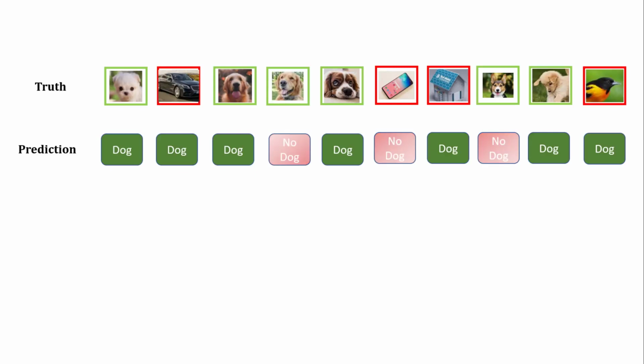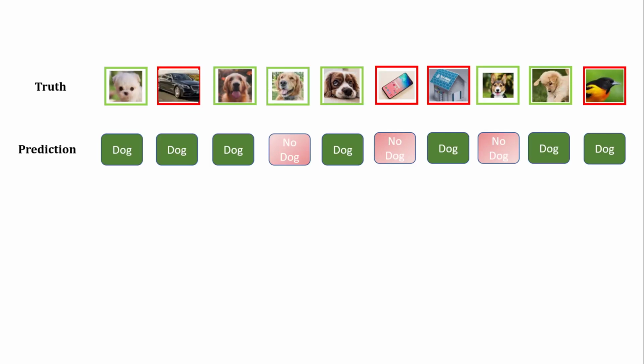Now, I have grayed out no dog predictions. We just think of predictions as your base, and let's only talk about positive predictions, which is dog. That's why I'm graying out the no dog predictions. Forget those for now, and you have a total of 7 dog predictions.